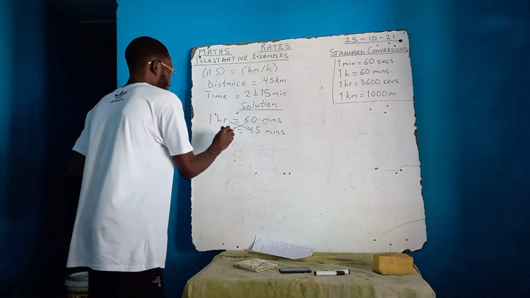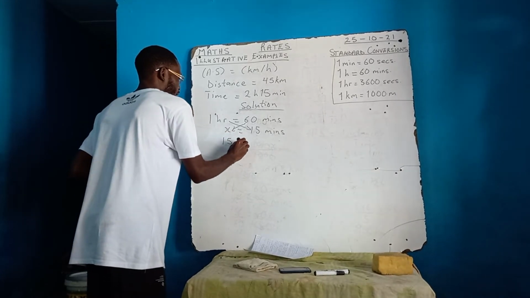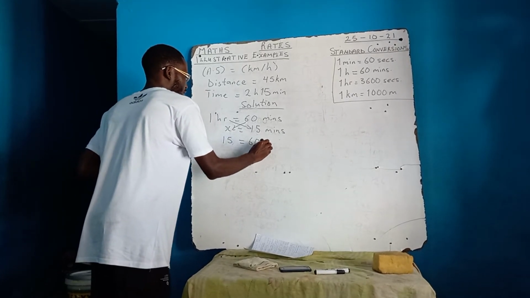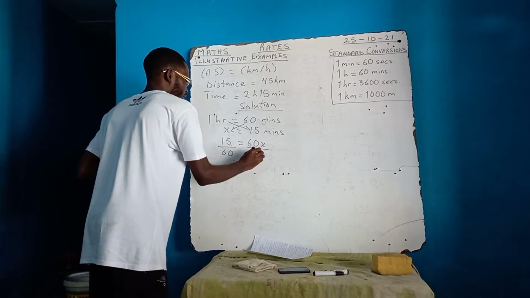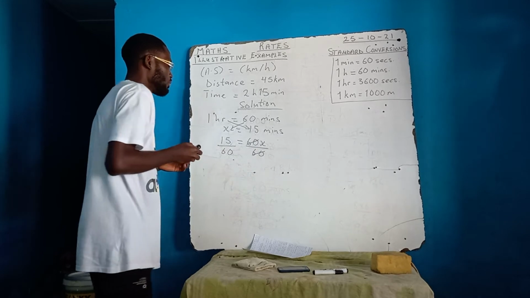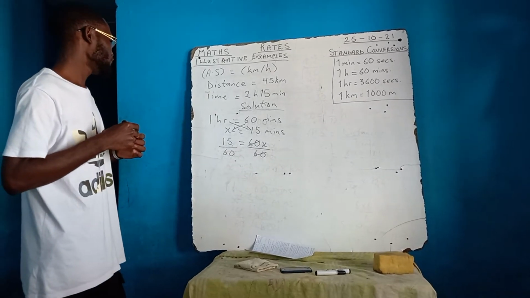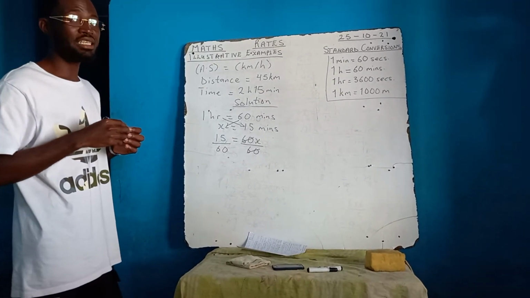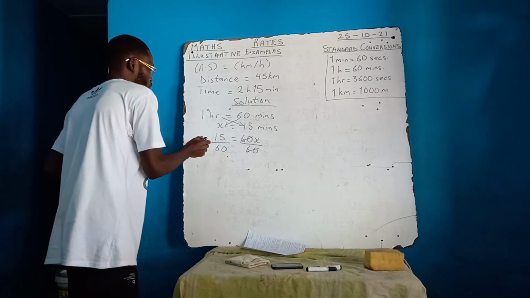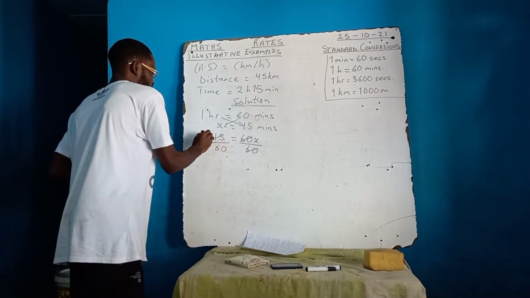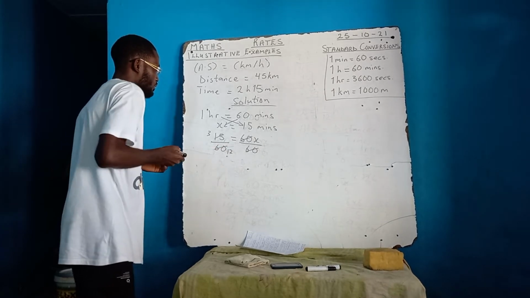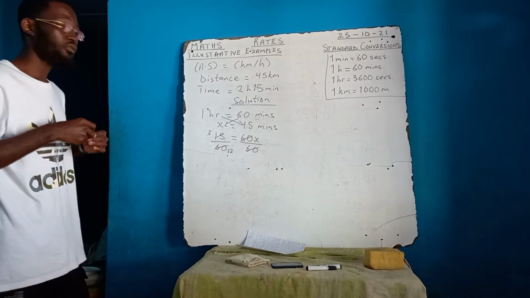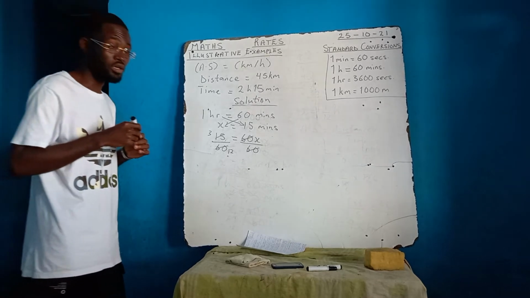So we are going to have 15 times 1, which is 15, and then we are going to have 60 times x. So we are going to end up dividing both sides by 60, and reducing 15 over 60, we are going to have 5 goes into 15 3 times, and 5 goes into 60 12 times.